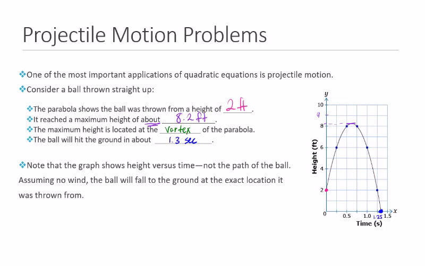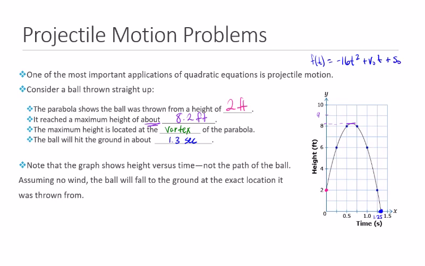All right, so this kind of is opposite of what we've done before. In the past, we used our projectile motion formula, and remember we used f of t equals negative 16 t squared plus v naught t plus s naught.